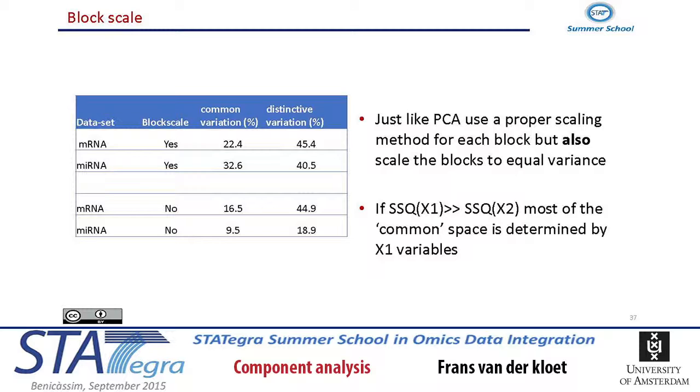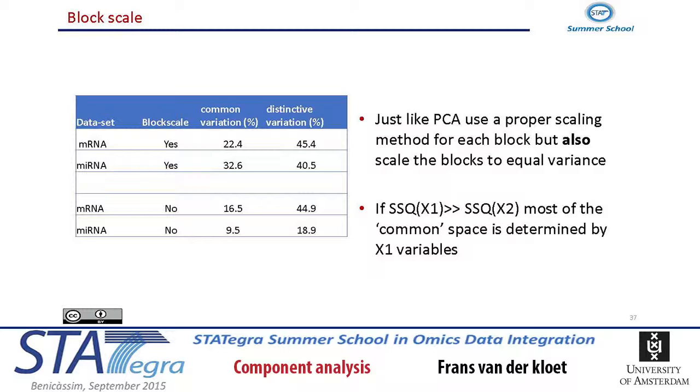Consequently, if I combine the blocks and do the data fusion analysis, my results will be influenced heavily by that, and my common variation in the block with the smaller variance will be lower, and that's what I find.